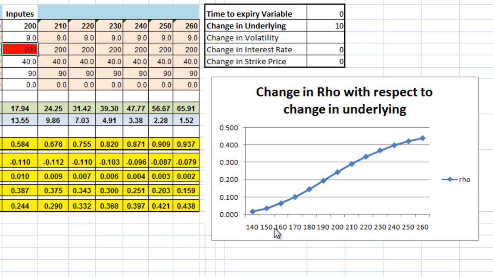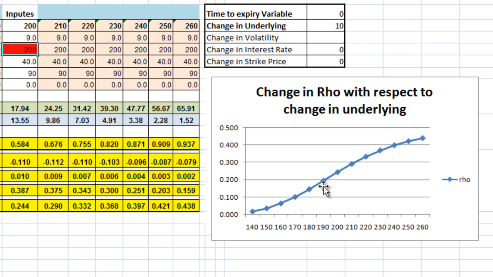We can see here with the chart, as the price increases, the value of rho increases, and as the option goes out of the money, the value of rho reduces, so it becomes near to 0. So the rho is basically the rate of interest.